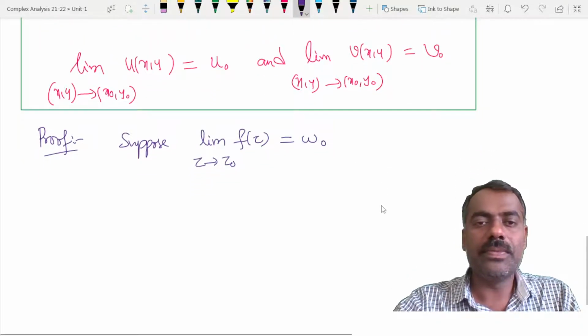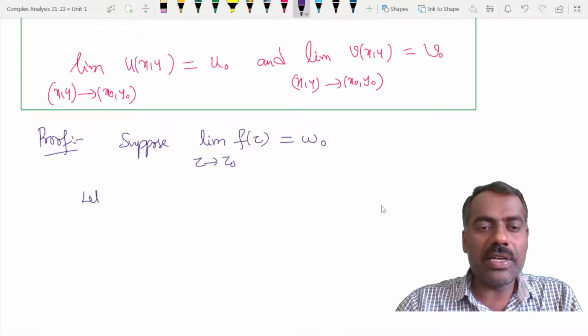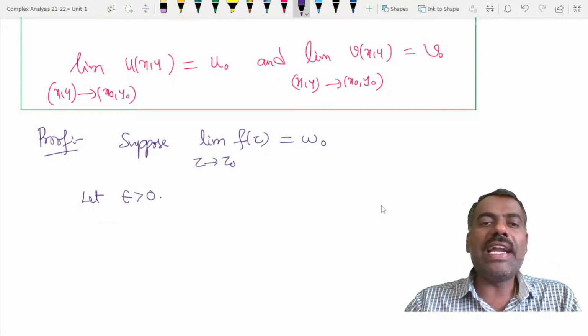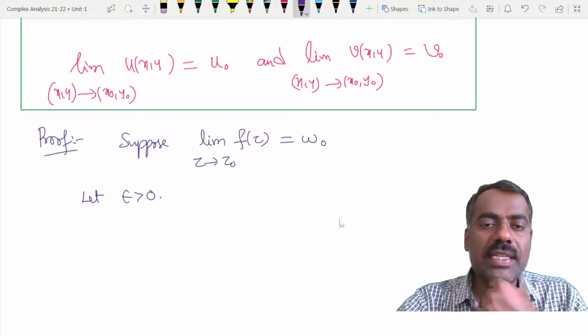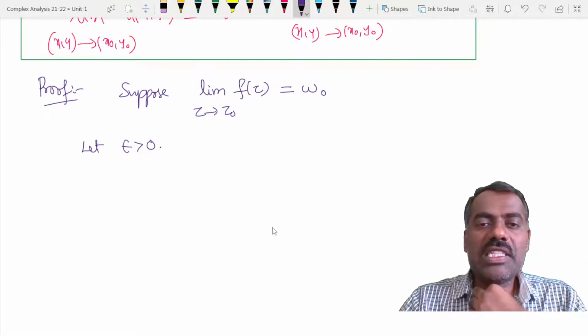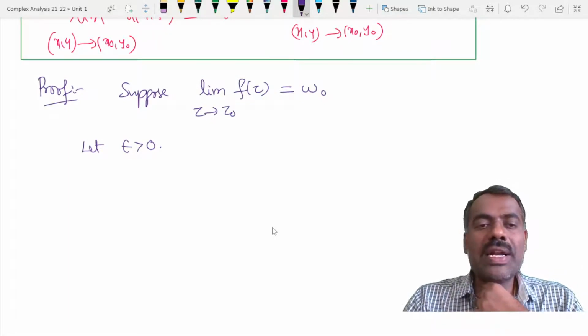Is this clear? So start with epsilon greater than 0. Our idea is somehow we should find a delta satisfying the condition. But how will we get a delta? What is given to us? Limit of f of z is equal to w naught is given.